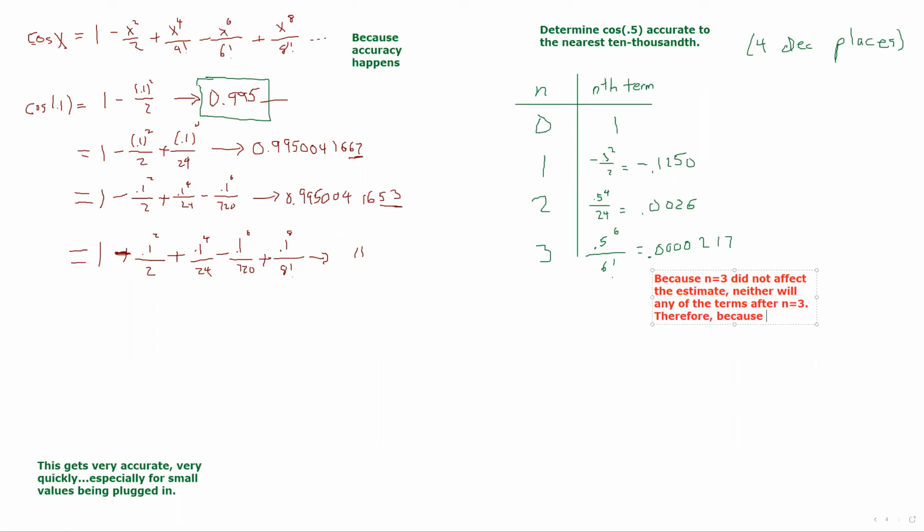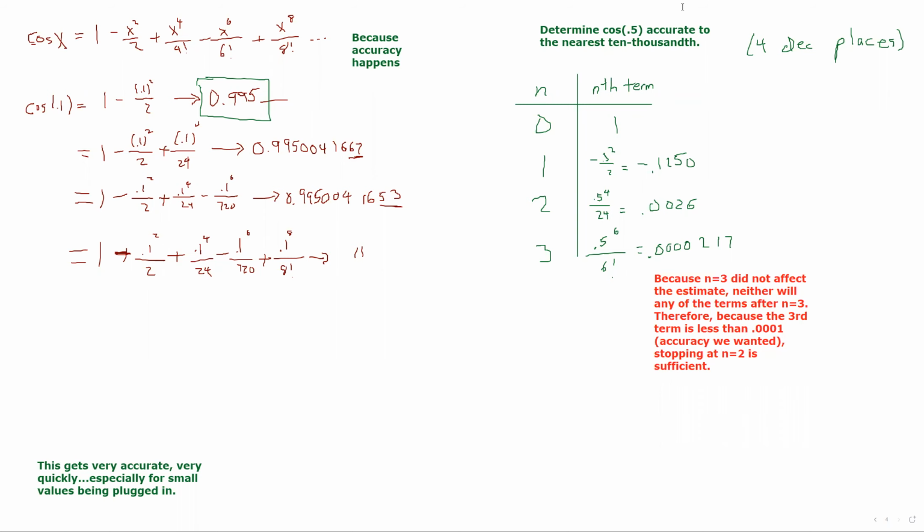Therefore, because the third term, which is actually the fourth term if we're being technical, but it's the n equals 3th term, because that term is less than 0.001, which was the accuracy we wanted, stopping at n equals 2 is sufficient.